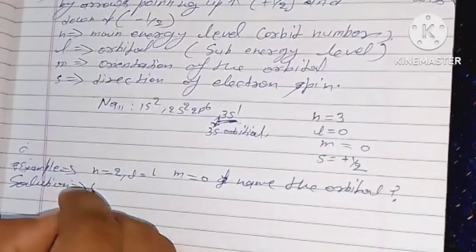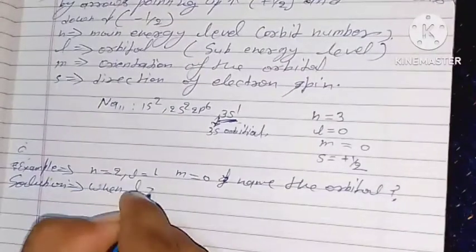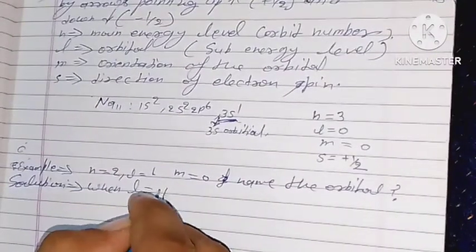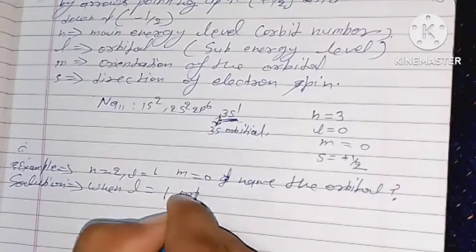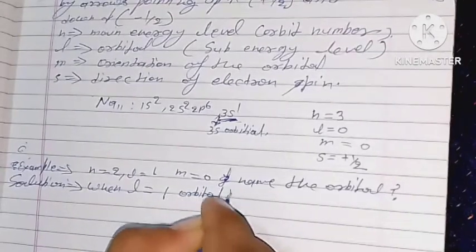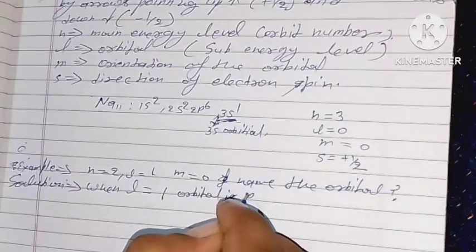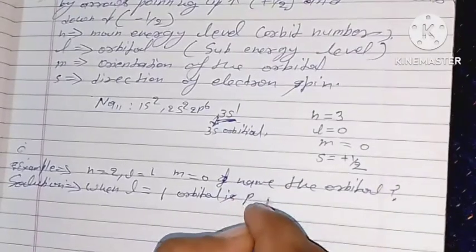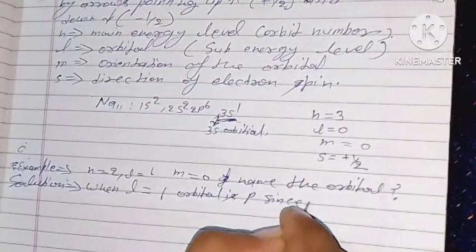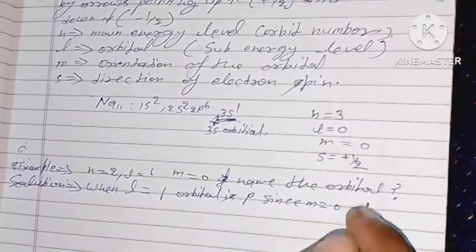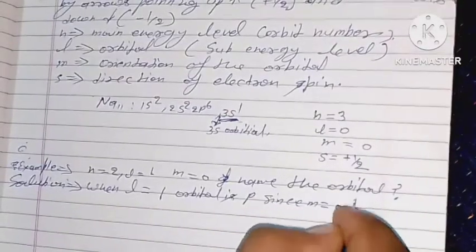When l equals 1, the orbital is p. And since m equals 0, hence it is py.